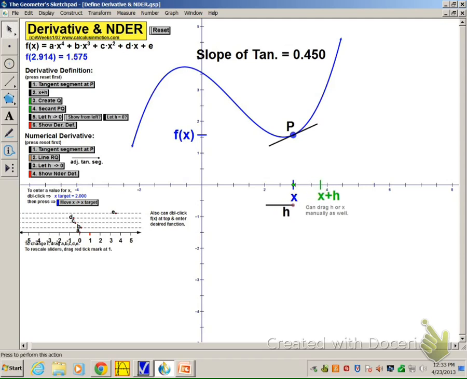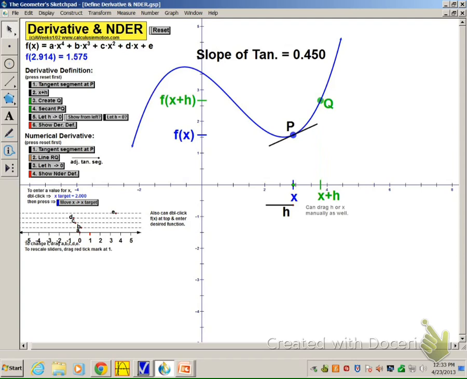And then what we want to do here is create Q. Q is the point that corresponds to the x value, x plus h. And so we can see the point P is f of x units high, and the point Q is f of x plus h units high.